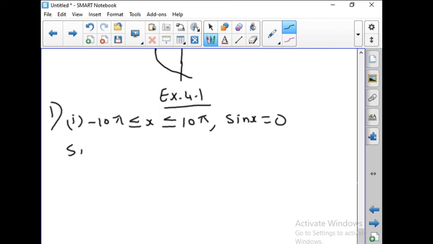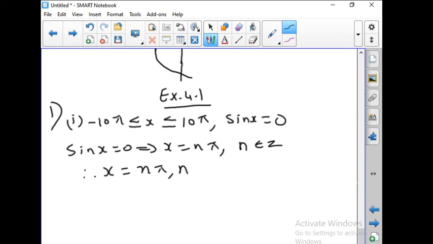So, sine x is equal to 0 means x is equal to n pi, where n belongs to Z. But here the range is from minus 10 pi to plus 10 pi. Therefore, here x is equal to n pi and n belongs to minus 10 comma 10.